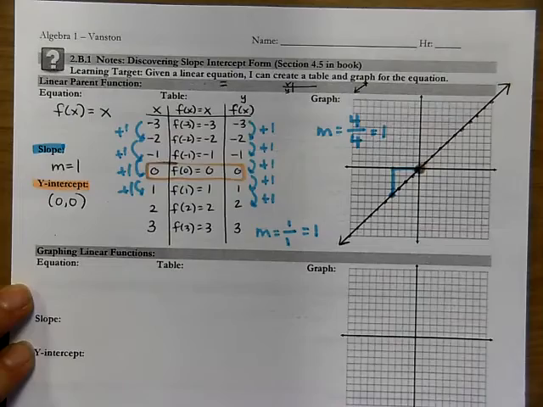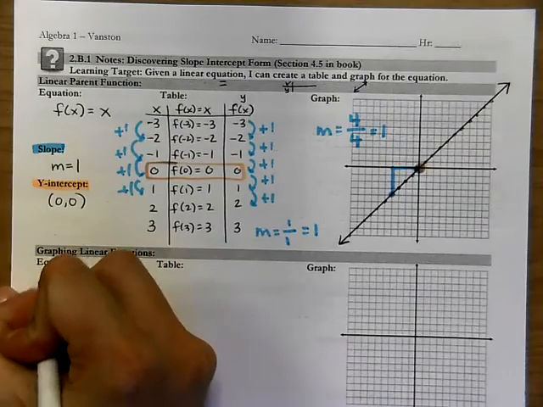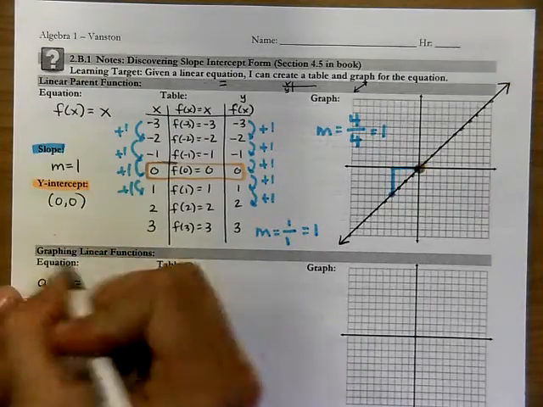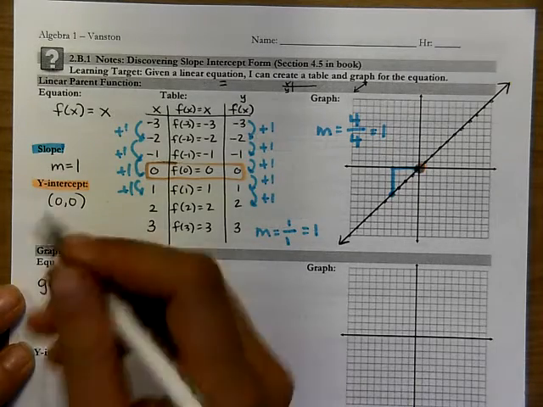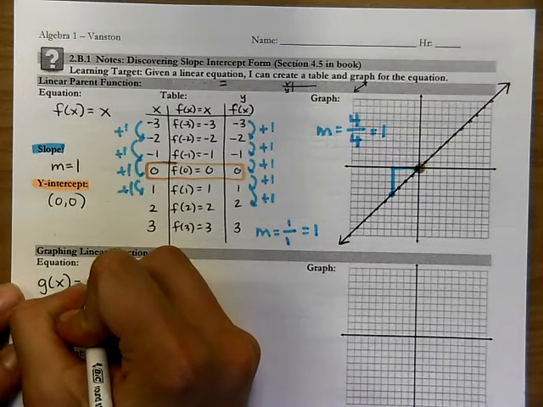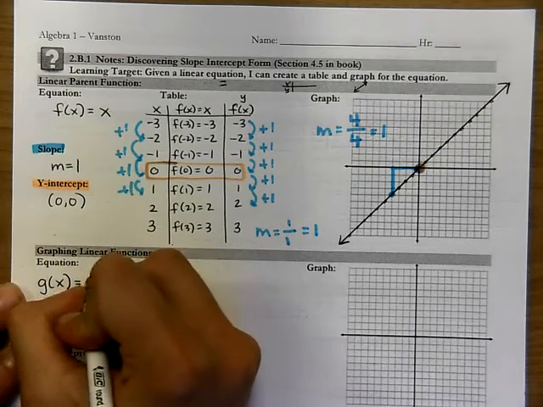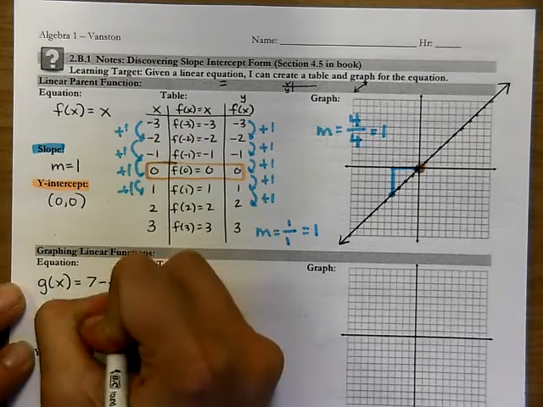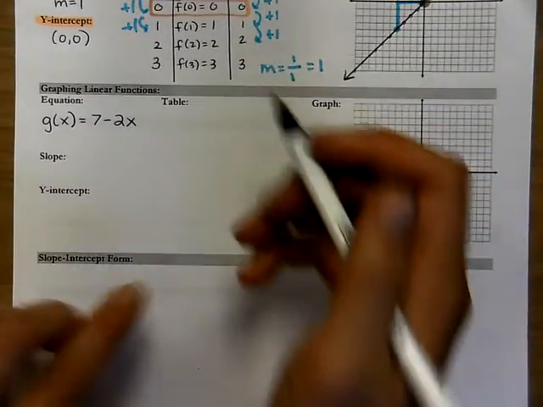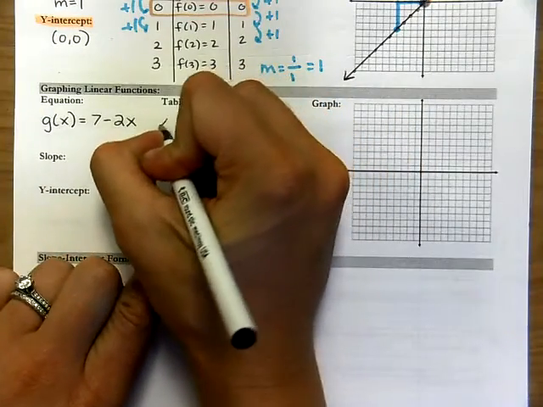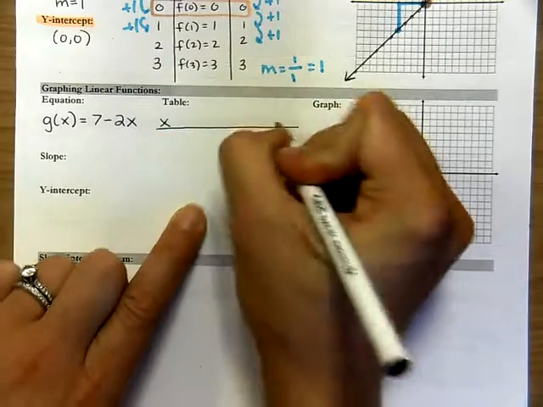This is not going to be the parent function. I'll say g of x is equal to, let's try 7 minus 2x. What I want you to do right now is just make a table for this function.